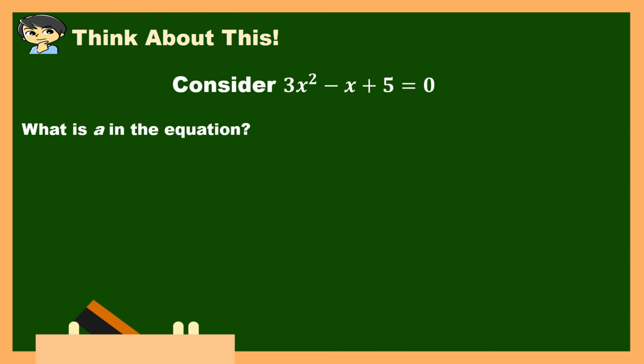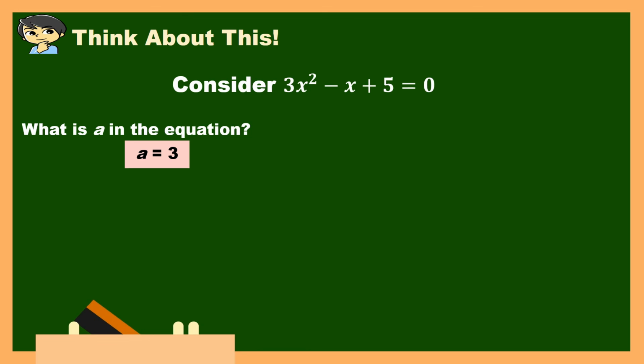Now, let us think about this. Consider the quadratic equation 3x squared minus x plus 5 equals 0. What is A in the equation? Okay, ang tinatanong dito ay ang value ni A sa ating quadratic equation. So, A is equal to 3. Saan nagmula si 3?